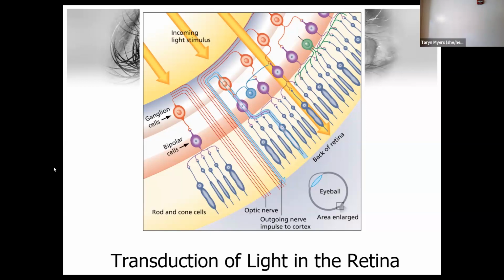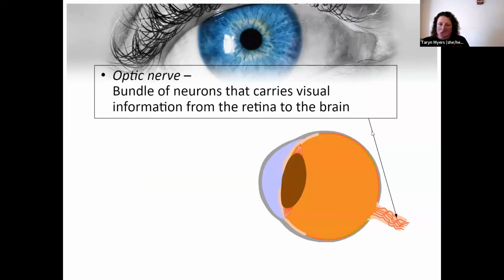The axons of the ganglion cells are what make up the optic nerve. So this is what goes back into your brain to communicate with the visual cortex. Again, it's a bunch of axons of neurons, essentially.